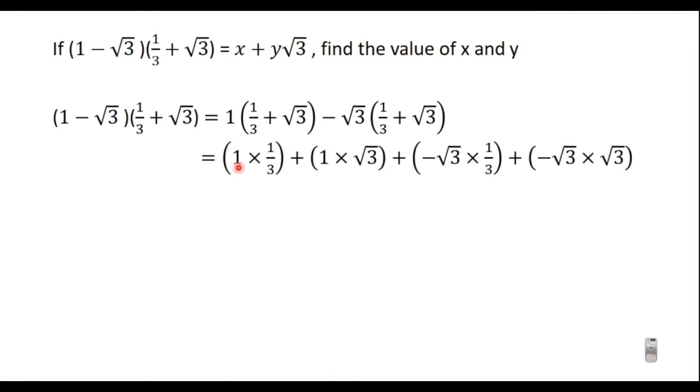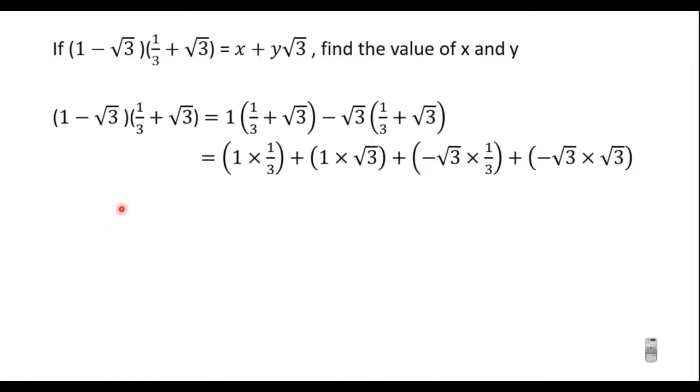So we begin with the multiplication. We have 1 times 1/3 here, then plus 1 times square root of 3 here, then what is outside the bracket here is minus square root of 3. So minus root 3 times 1/3 in here, then plus, when you come here, you have minus root 3 times what is here, which is plus root 3.